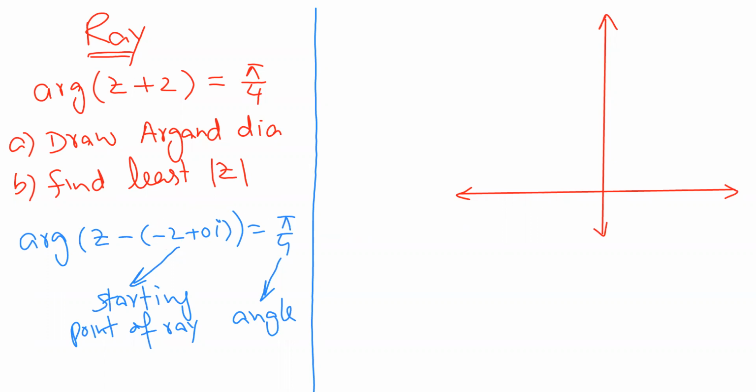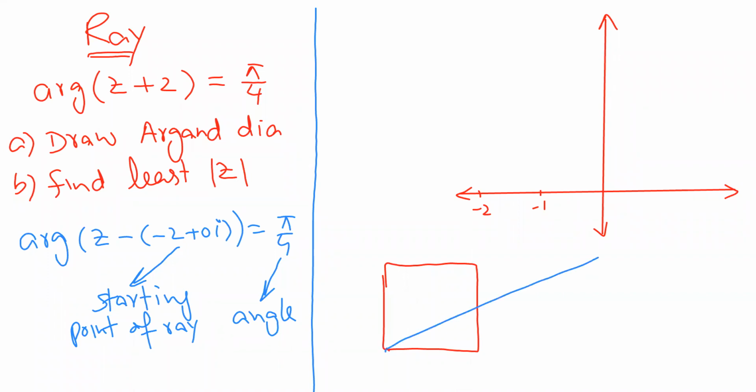Negative 2, 0. It is 100% along the negative x-axis and y is 0, so I will locate it here. The angle is 45 degrees. I taught many times that whenever we have a square shape, the line goes through the corner.